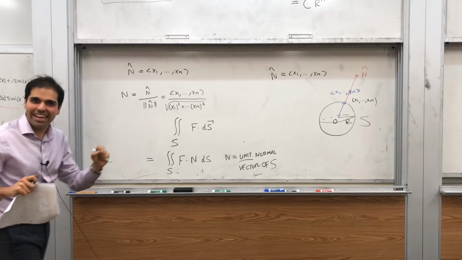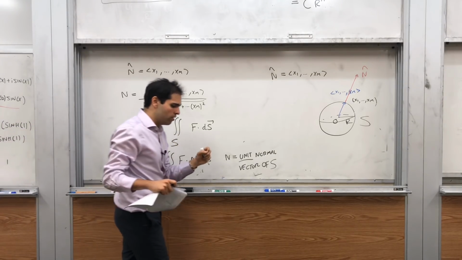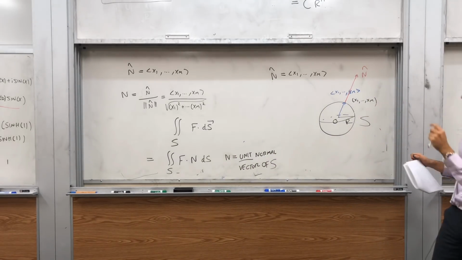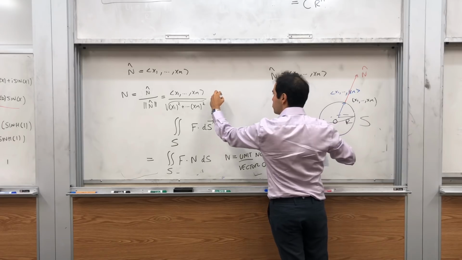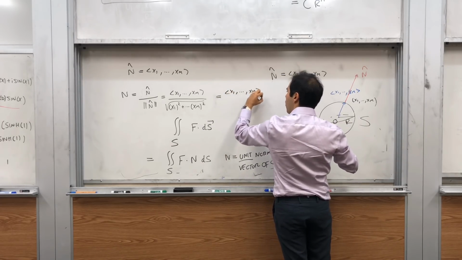But because we're precisely on the sphere and not on the ball, this quantity on the bottom is precisely r. So n is x1, up to xm, over r.